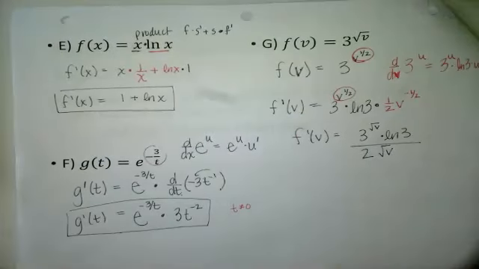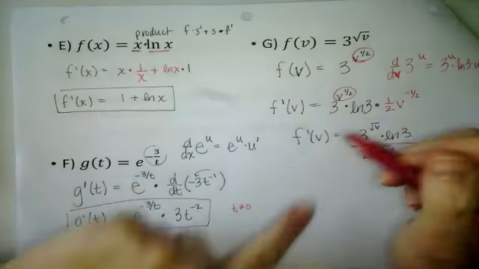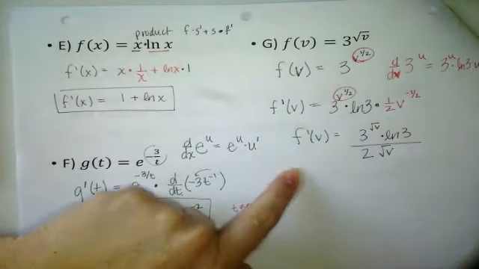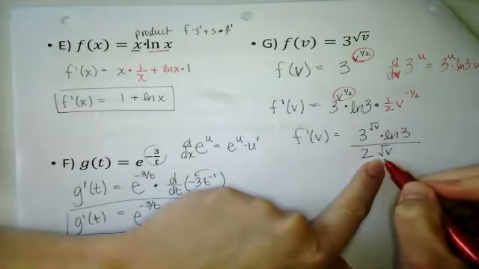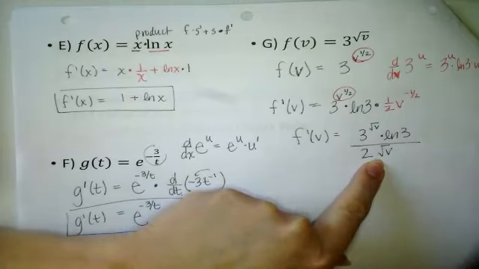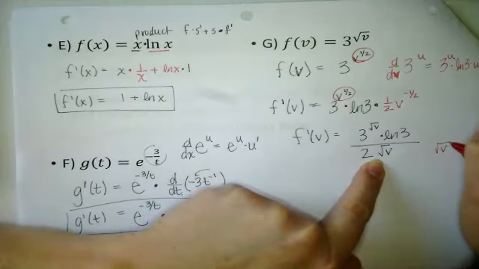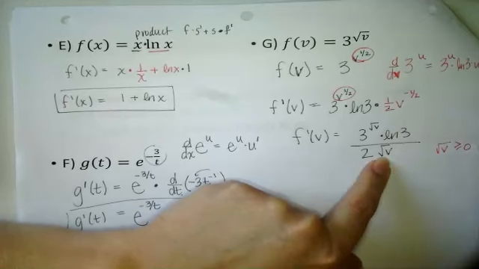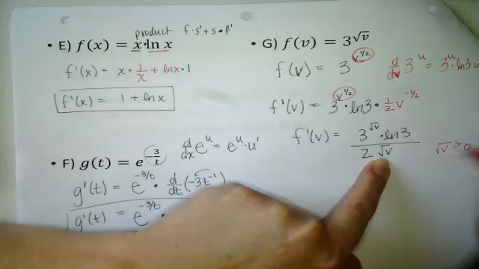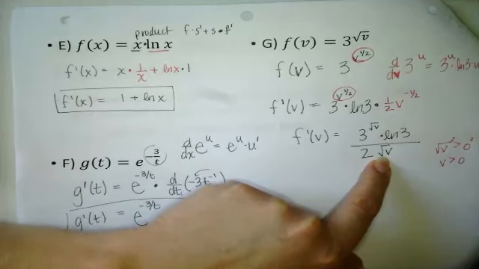Pretty interesting here in terms of domain. The square root, usually, that square root function has to be greater than or equal to 0. But it's in a denominator, which means it can't equal 0. So here, these v values have to be, square both sides, greater than 0.